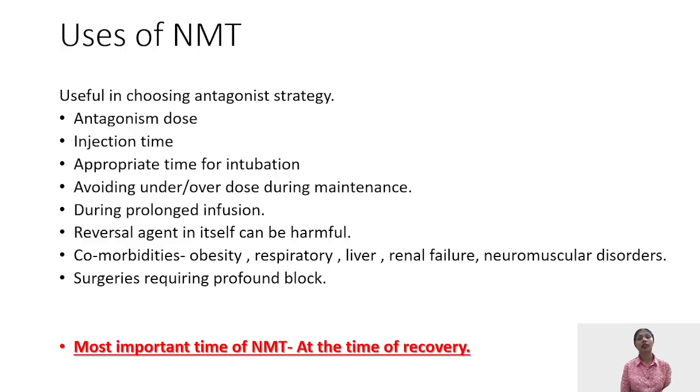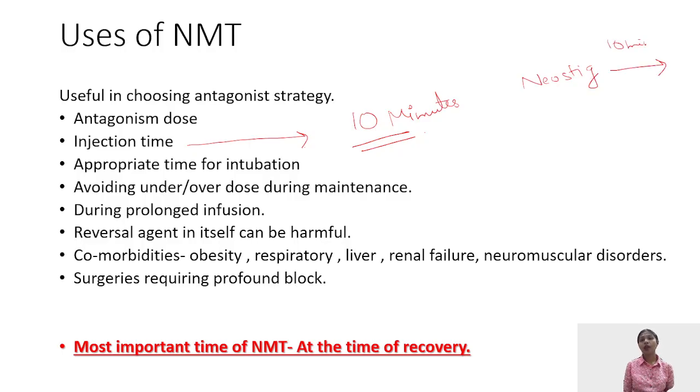Second, the injection time, which is the most appropriate time of giving the reversal agent. This is something that you all have to remember. Just remember one thing, that is 10 minutes. If neostigmine is given to the patient, one has to wait for 10 minutes before the extubation of the patient.